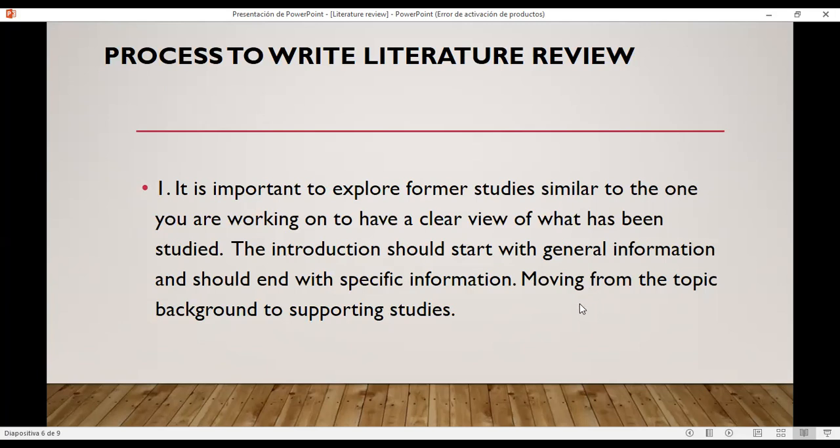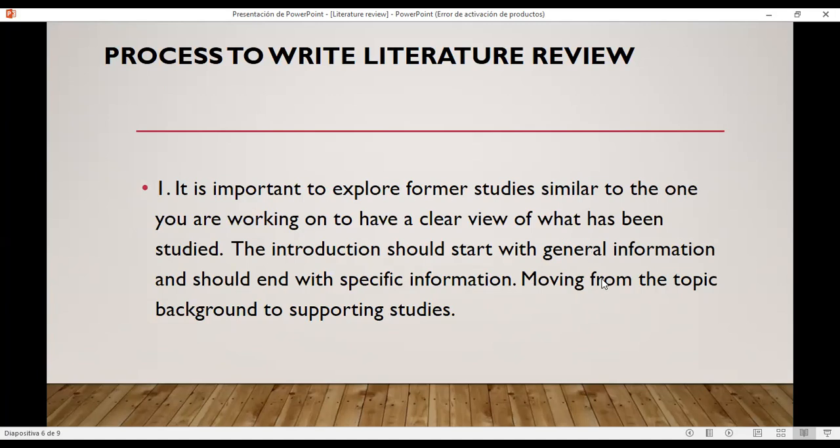And there are different methodologies to develop the literature review. I selected the easiest one for qualitative studies, no? We can apply the same process for quantitative studies, but taking into account the elements that are part of quantitative studies or mixed approach.